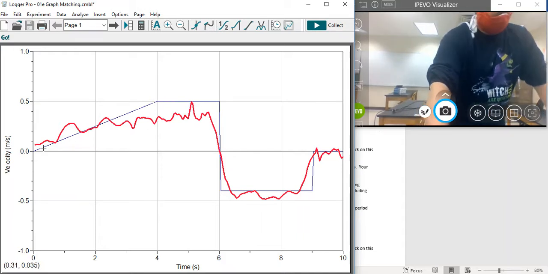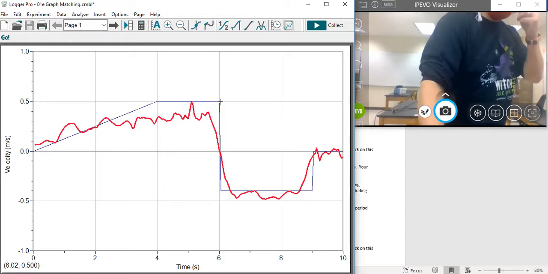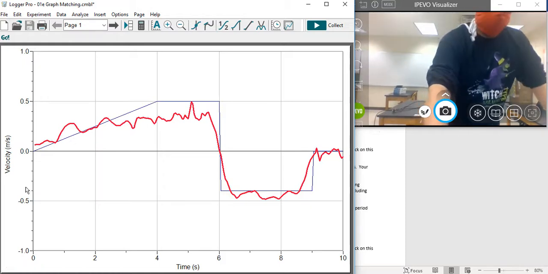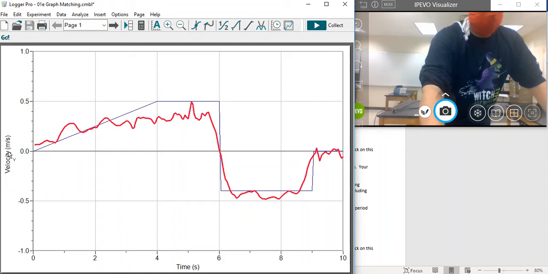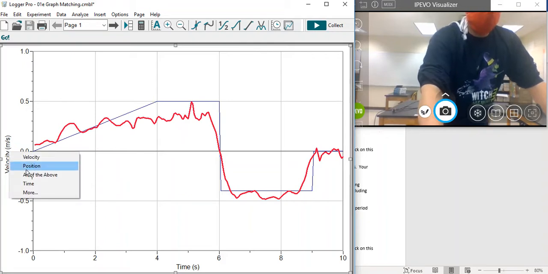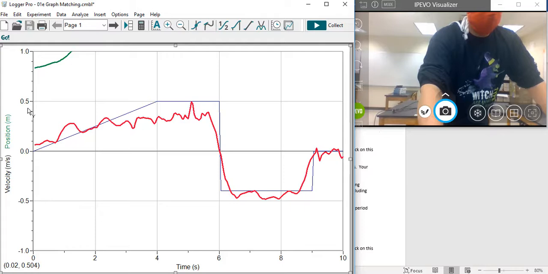So as I said, this is a velocity time graph. My velocity is supposed to be increasing up until this point, and then staying nice and constant up through there, and then I'm moving in the other direction. So let's see what this looks like.